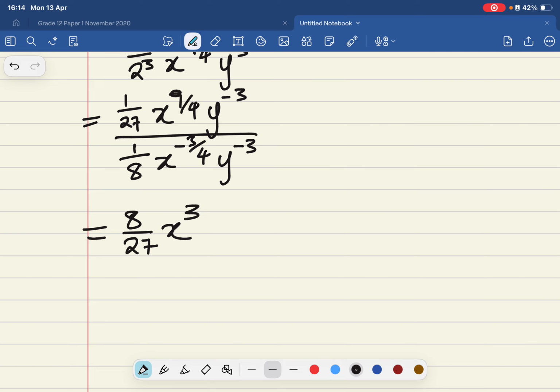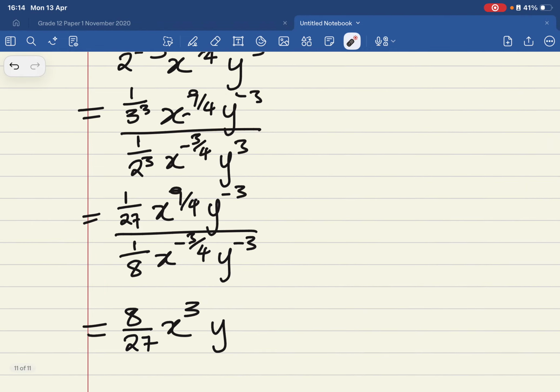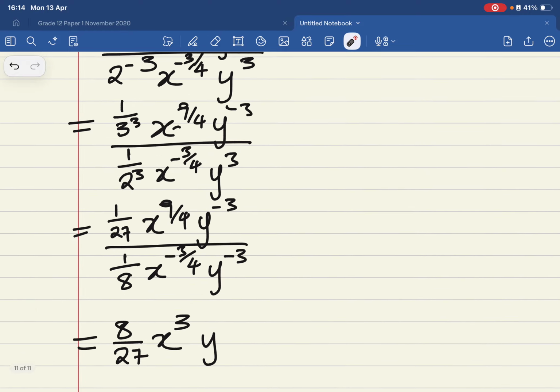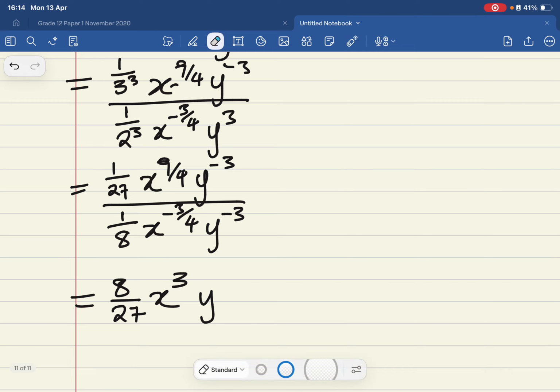And then lastly, I keep my base because I'm dividing powers with the same base. So it's gonna be what? No, my denominator here is not negative, it's positive.